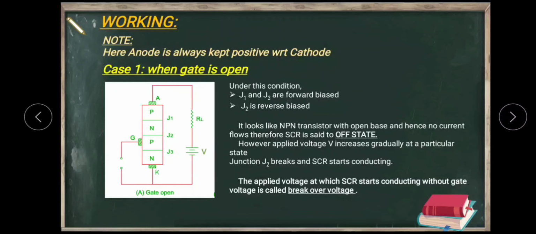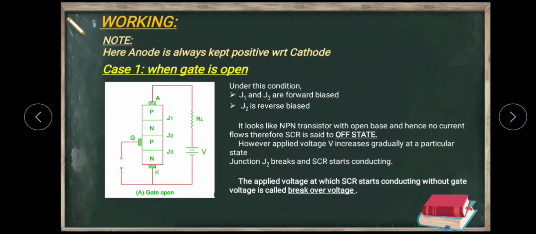Hence no current flows through the SCR, therefore it is in the off state. However, as the voltage applied between anode and cathode increases, at a particular point junction J2 breaks and the SCR starts conducting. The voltage at which the SCR starts conducting without gate voltage is called the breakover voltage.